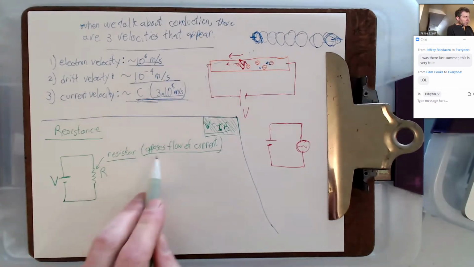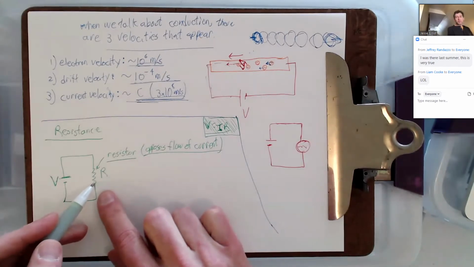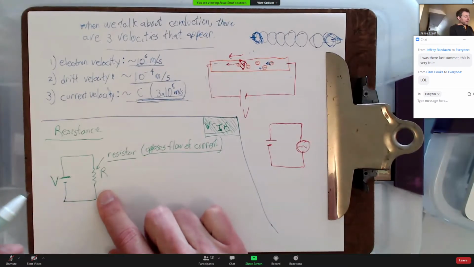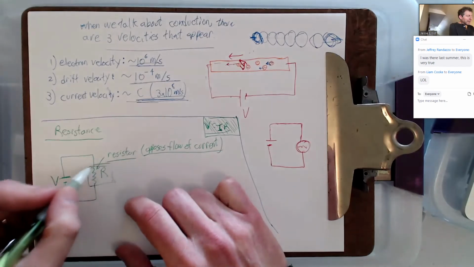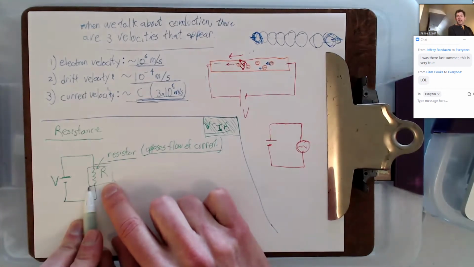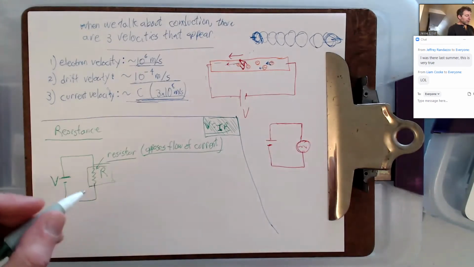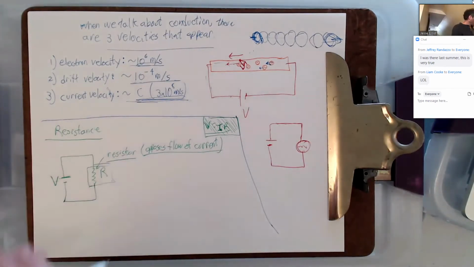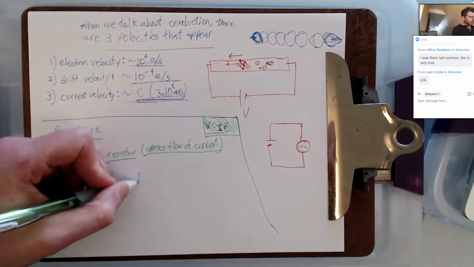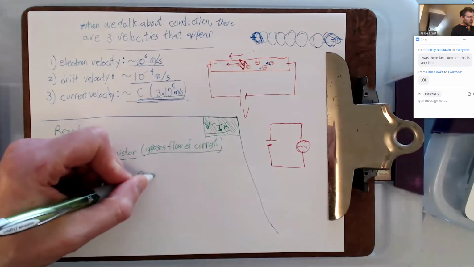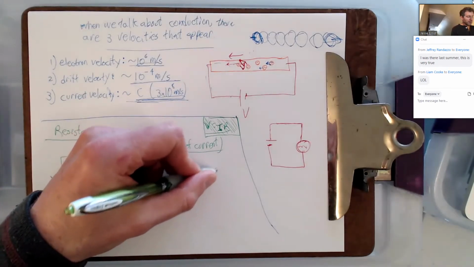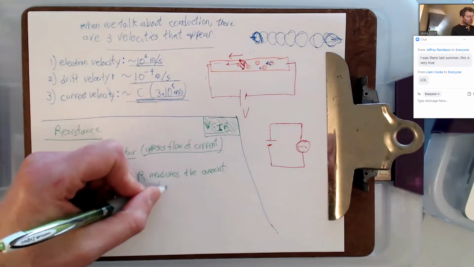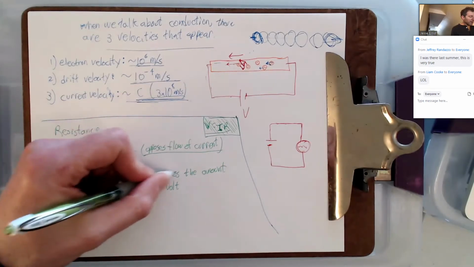So a resistor opposes the flow of current, and some things oppose the flow of current more than other things, right? So here I hand you this thing. How do you want to define how much resistance the object has? Well, we could just say resistance measures the amount of voltage, or I would say, let me change that.